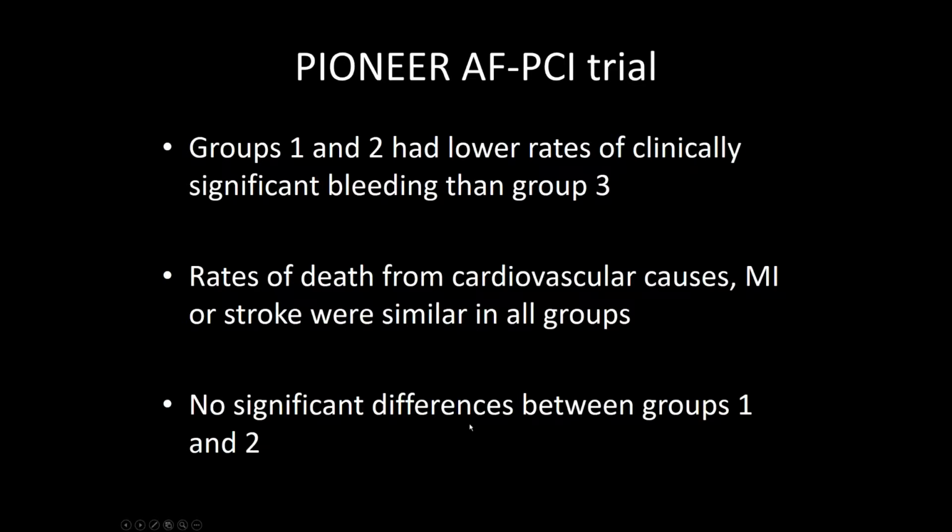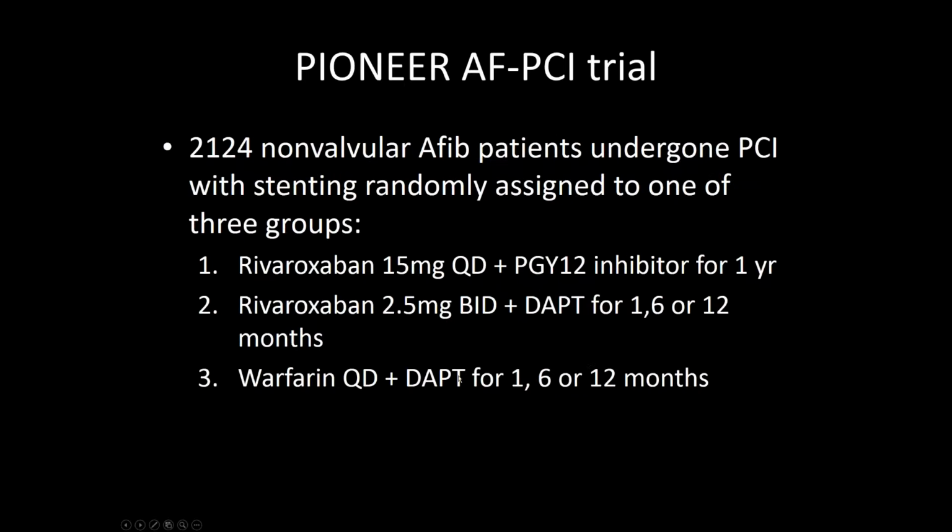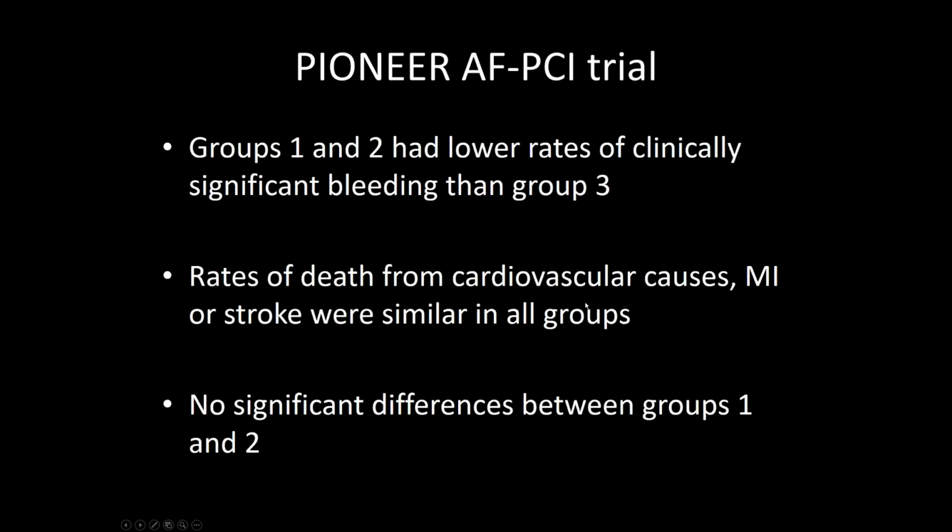And there was no significant difference between groups 1 and 2 in terms of which one did better. So whether you go with dual antithrombotic therapy, just 2 drugs, 1 antiplatelet and 1 anticoagulant, or whether you go with 2 antiplatelets and 1 anticoagulant, you still don't have an answer, and you don't have an answer about what to do in terms of the duration of therapy.